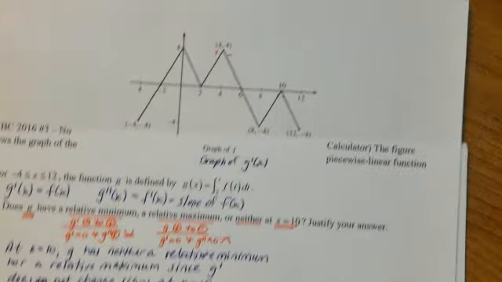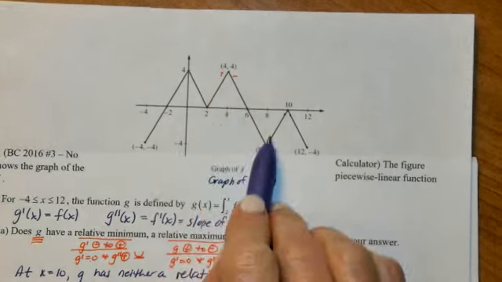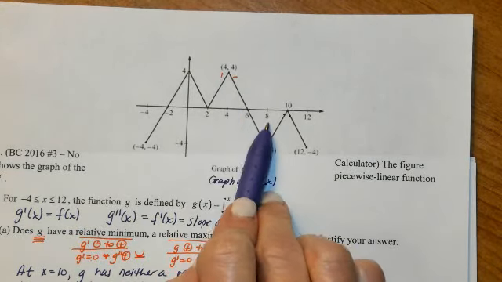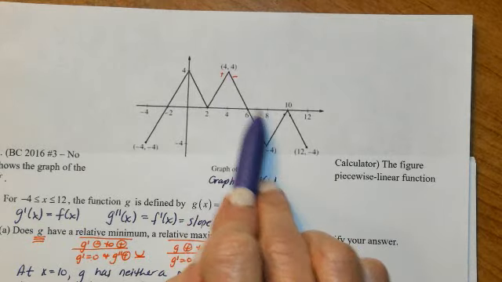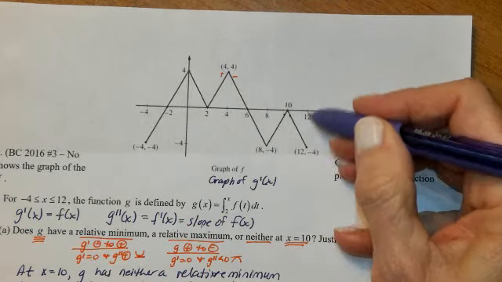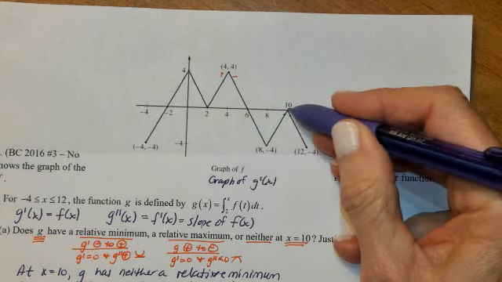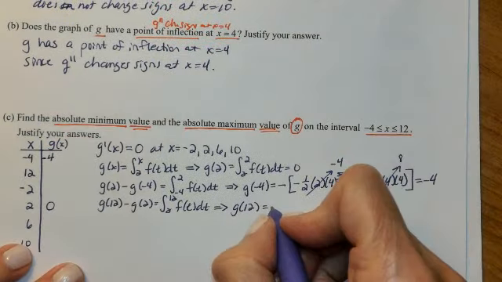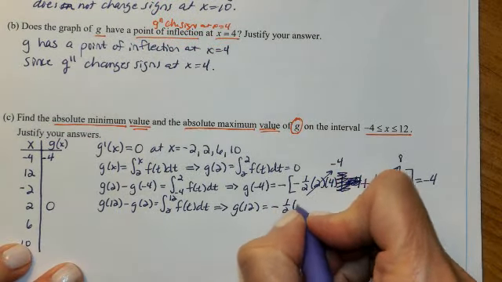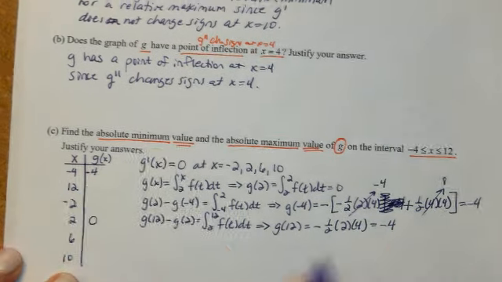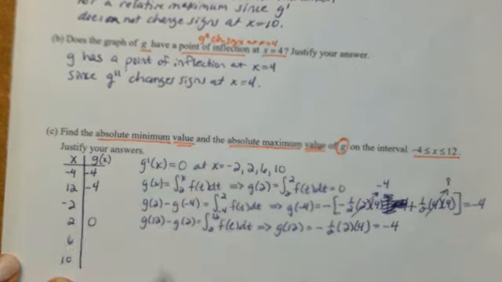Up here from 2 to 12, I immediately see that these two areas are the same, and one is positive and one will be negative, so they cancel each other out. I'm left with this remaining little negative area. So negative 1/2, base is 2, height is 4, which is negative 4. So at 12, we're at negative 4 as well.